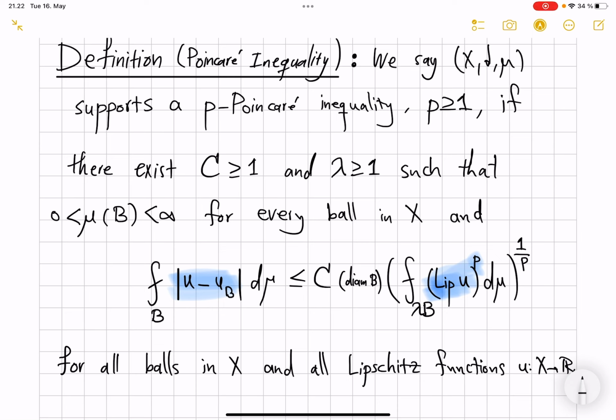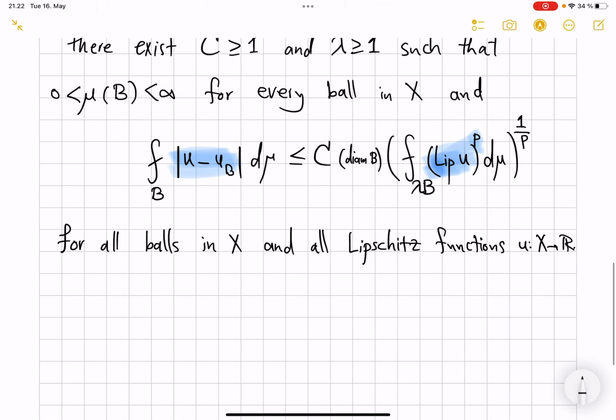Okay, so I promised that I will write down this definition of average in case it's not a familiar notation for you.